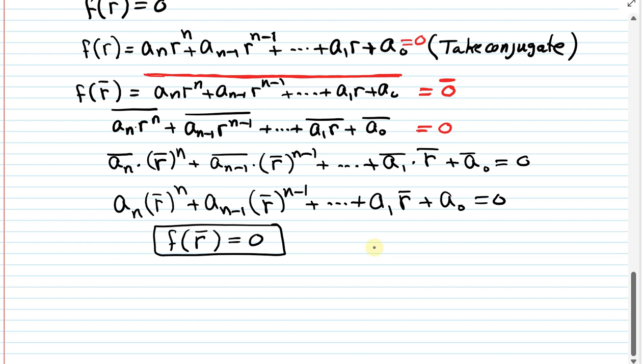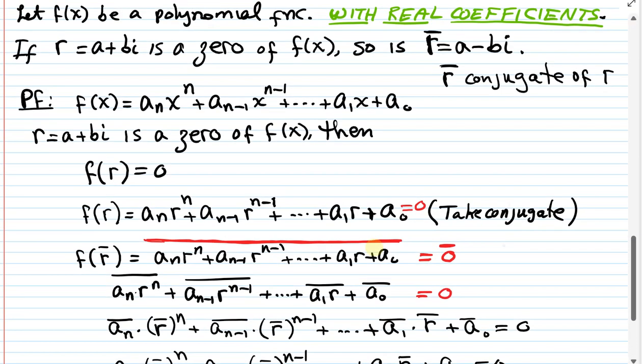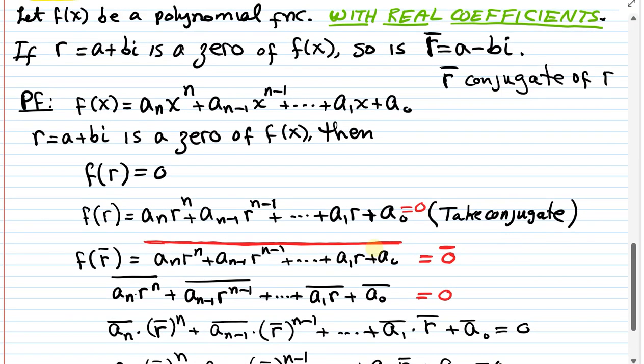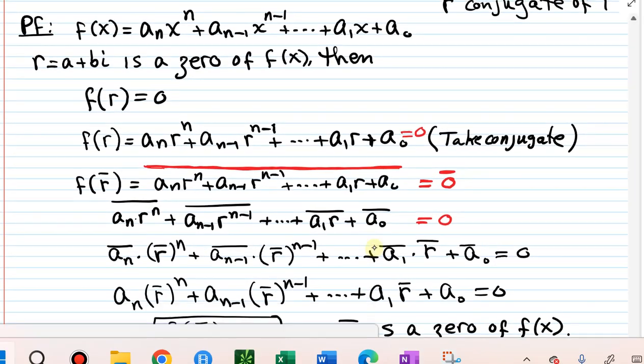If f at r bar is 0, then this would imply that r bar is a 0 of f of x, right? That's by definition of a 0 of a function. And what is r bar? Well, r bar is a minus bi. Therefore, we just showed that if r equals a plus bi is a 0, then its conjugate is also a 0. Very useful, very interesting theorem here.